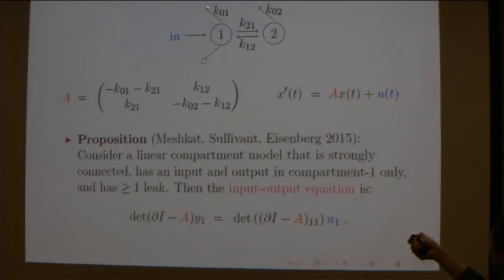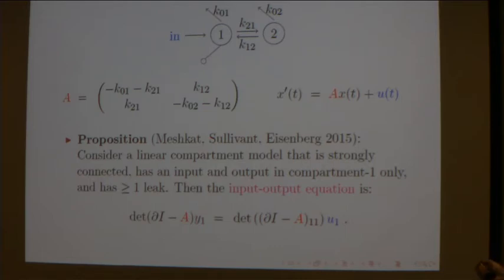But since there are these leak terms, these degradation terms, I also have to add a minus K01 and minus K02 here. So it's not quite the graph Laplacian because of the degradation terms, but it's exactly the matrix that gives you the linear ODEs, and we're also adding in this input equation.